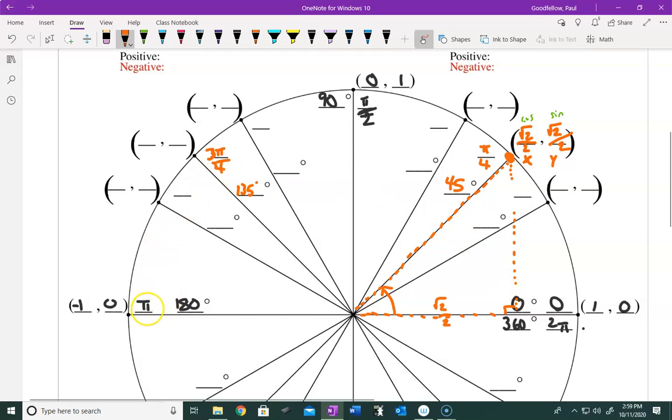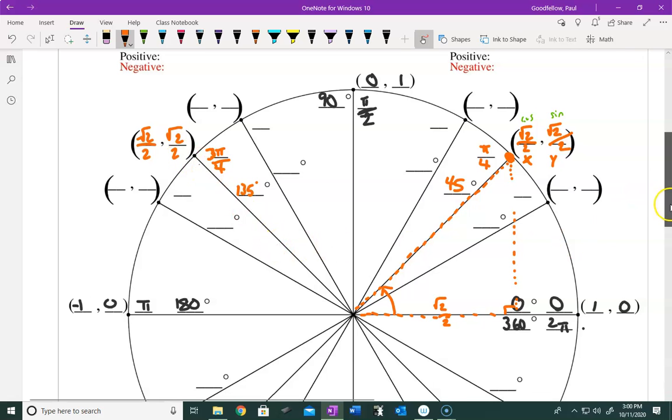That's 1 pi, right? That's 3/4 of the way. So it's all about recognizing fractional notation. That's 3/4. This would be, again, root 2 over 2 and root 2 over 2. But unfortunately, you'd have to go negative root 2 over 2 in the x direction and positive root 2 over 2 to get up to that value.